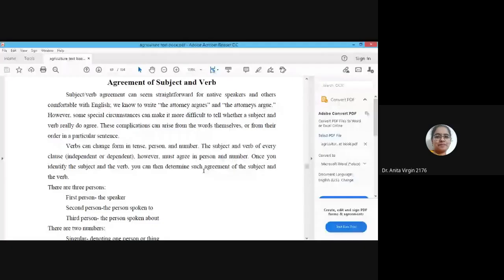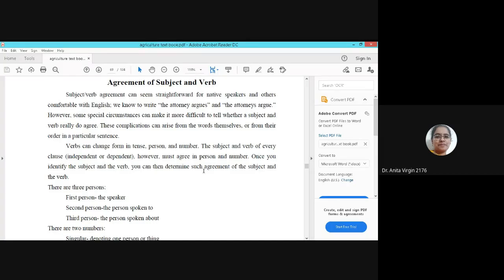So today we have to just see agreement of subject and verb. Direct and indirect is over. We'll see some more examples whenever we have time during our lab hours or some other hour. So now we'll enter into agreement of subject and verb. Why do we need an agreement of subject and verb?